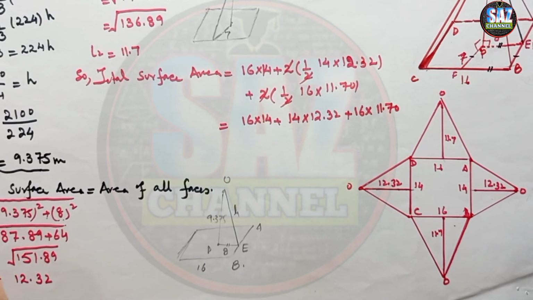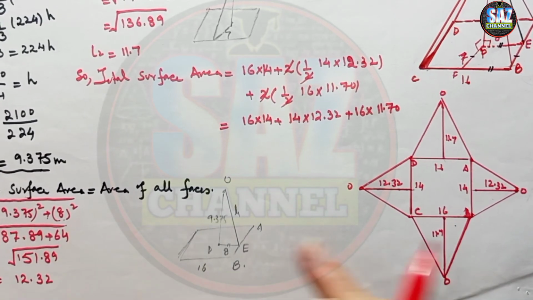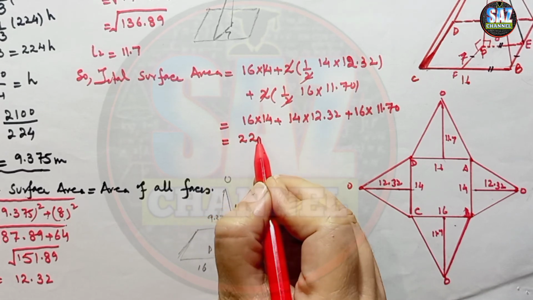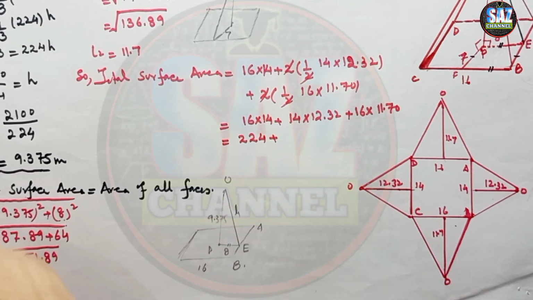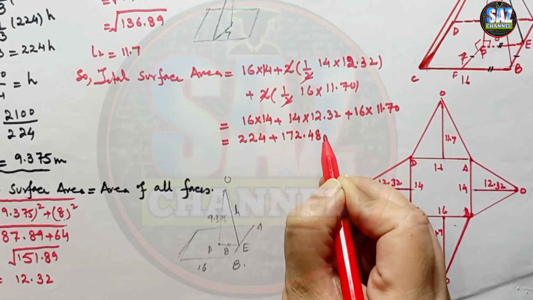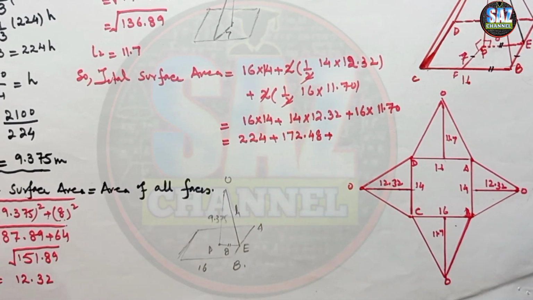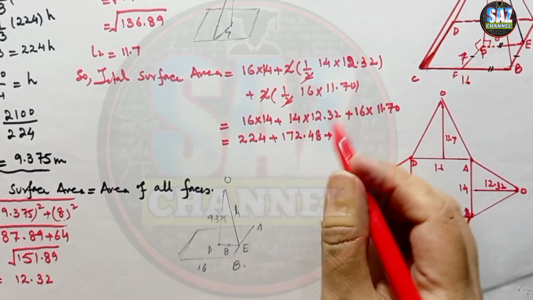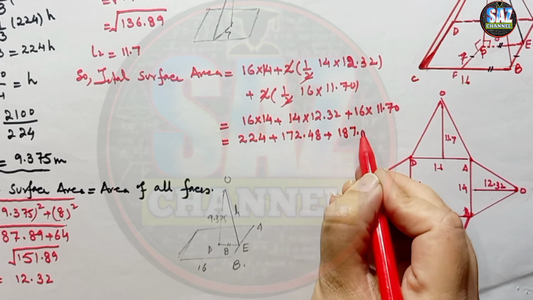Now 16 multiplied by 14 is 224 plus 14 multiplied by 12.32 is 172.48 plus 16 multiplied by 11.7, and this gives me 187.2.